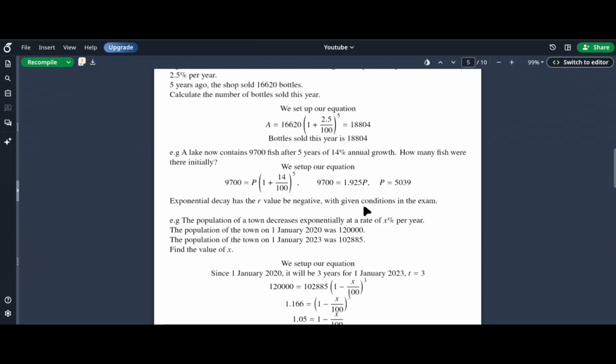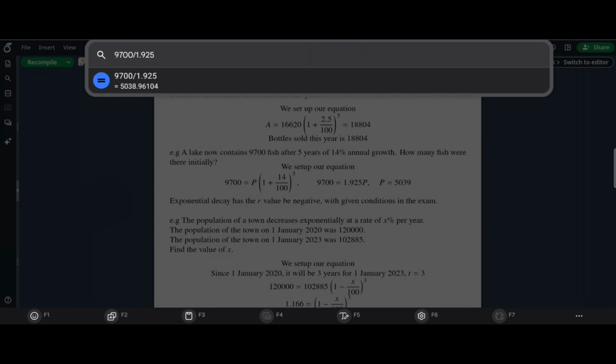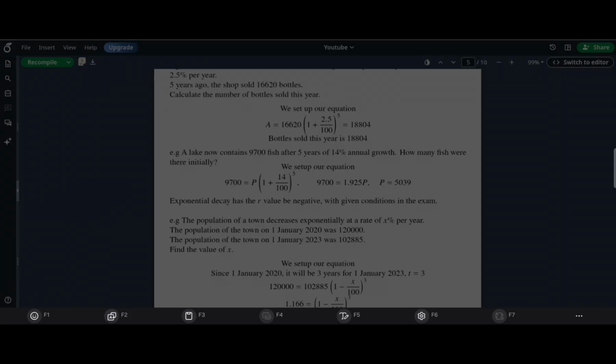The value is not exactly this number, but you cannot have a part of a fish, like a baby fish which is not yet an adult. Just round it up, it's okay.